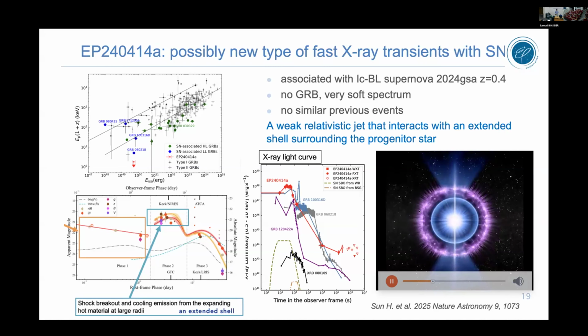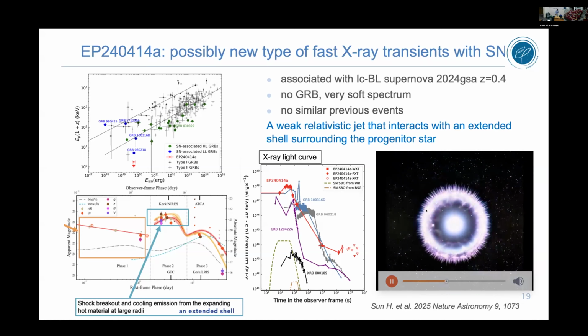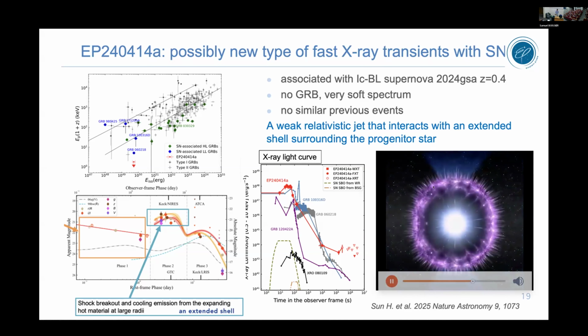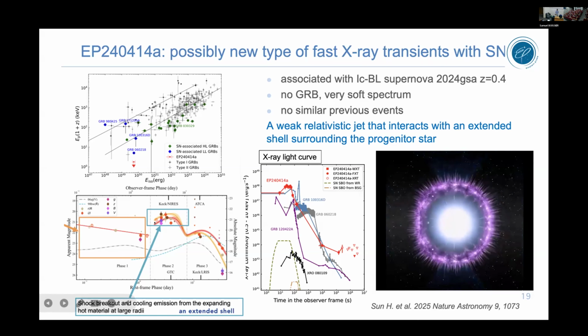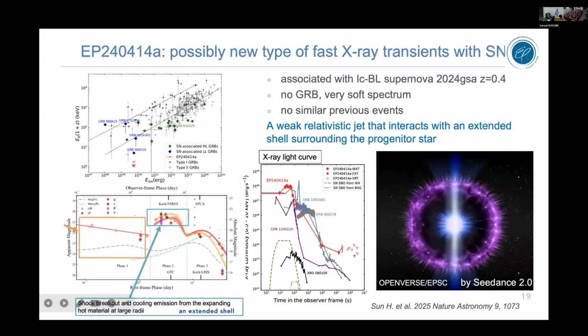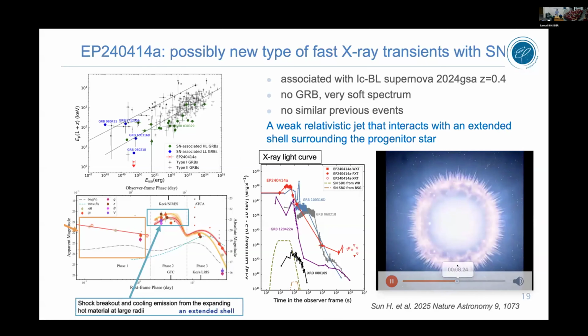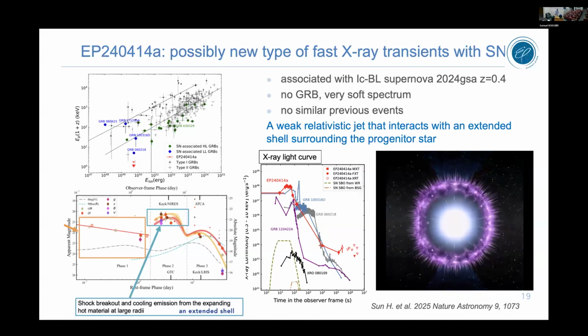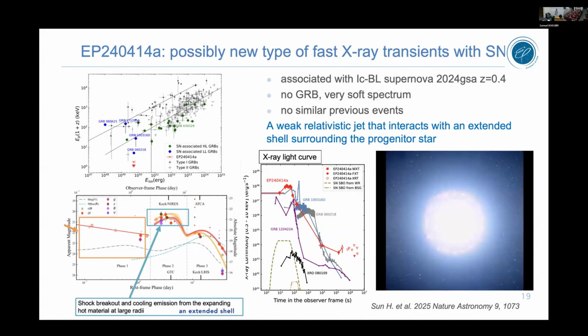After the explosion, the shock will come out and interact with the CSM shell, and this brightening is what we see in the second bump here. The jet also disappeared after. So we detect the X-ray from the jet, and the jet disappeared very fast.